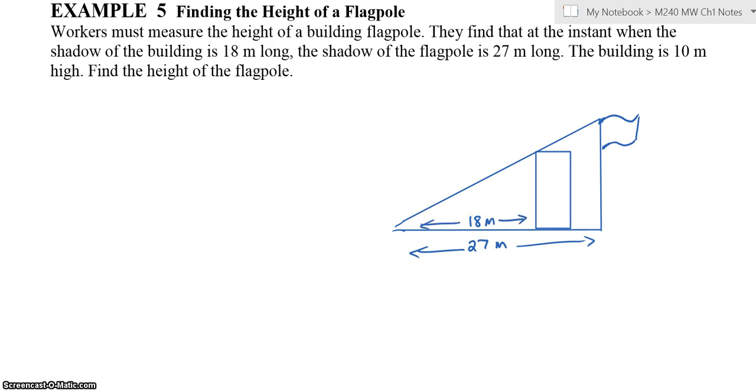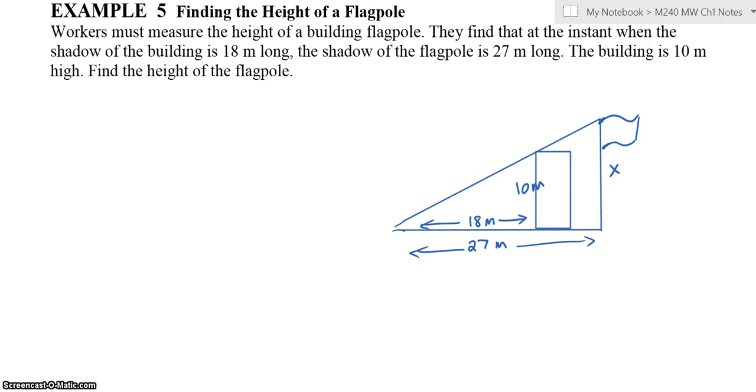So you can see you have the bigger triangle within the smaller, and they are similar because these angles are the same and these angles are the same. We also know that the height of the building is 10 meters high. So if I just make this 10 meters right there, and we want to know the height of the flagpole, I'll just call that x.